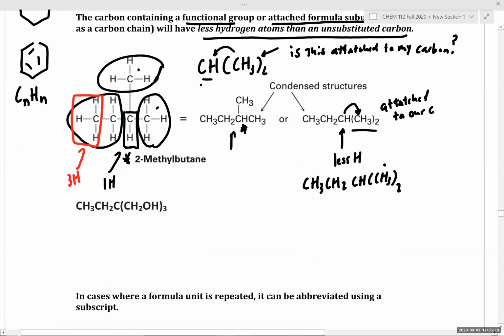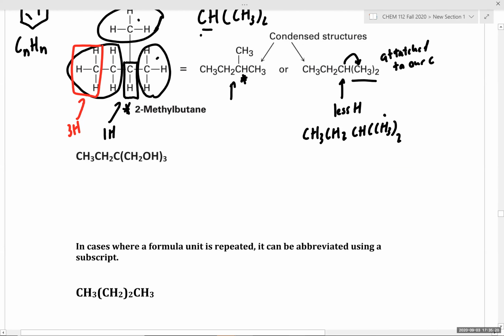So let's look at another example where we can get even more fancy. We don't just have to have methyl groups here. We can also attach other functionalities. So reading off from this condensed structure, I'm going to write a CH3, then I'm going to write a CH2. Now, what do we notice about this carbon here, this carbon that I put a star next to? It has no hydrogens. Exactly right. So then it must have something else attached to it.